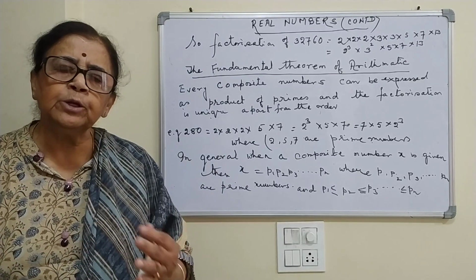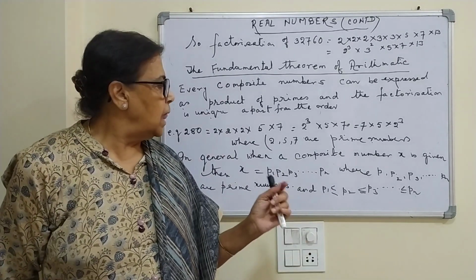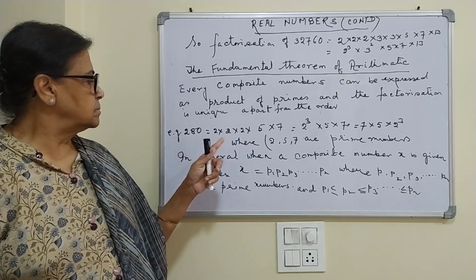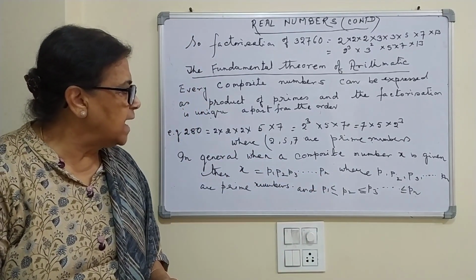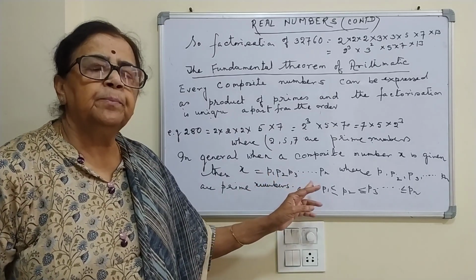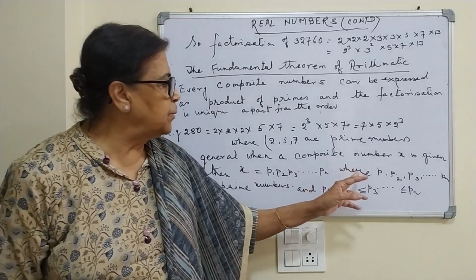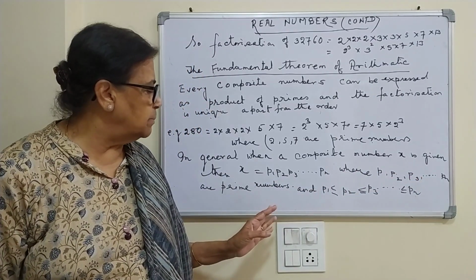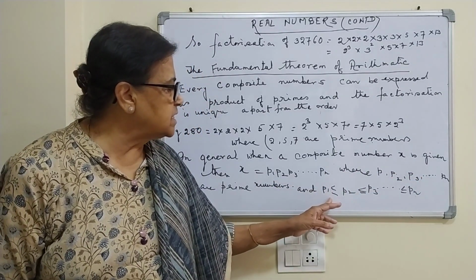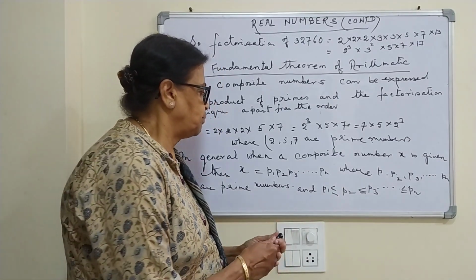If I write 5 into 2, we get the same number. In general, a composite number can be written as p1, p2, p3, pn, where p1, p2, p3, pn are prime numbers, and this relation holds.